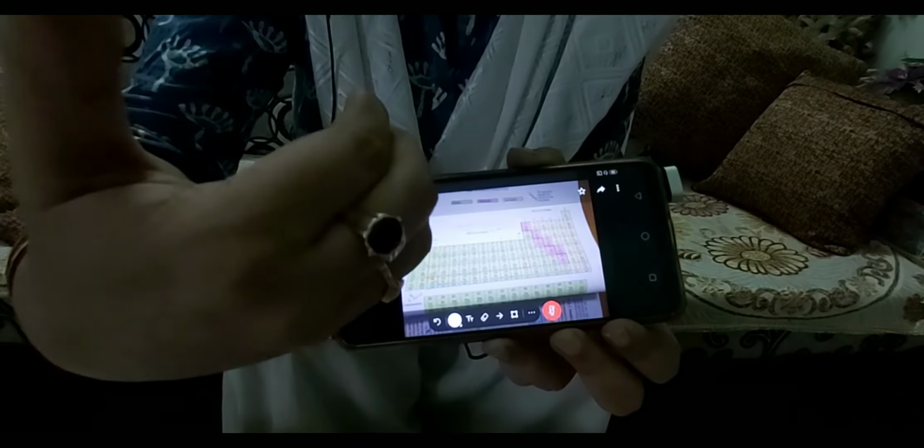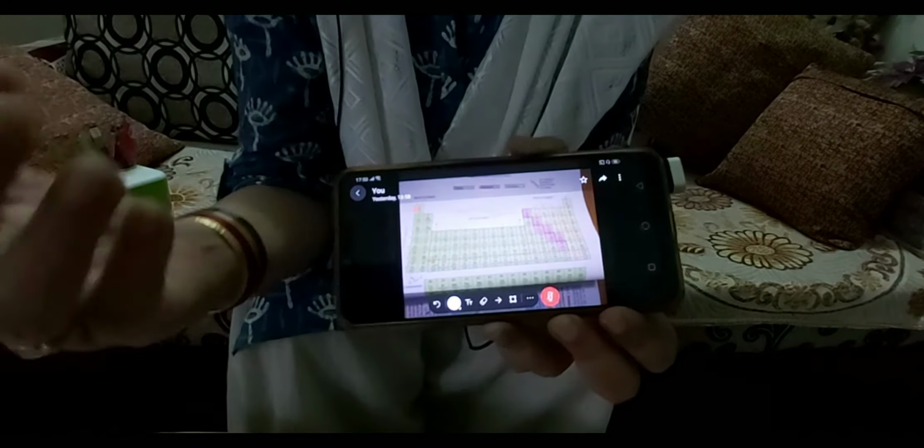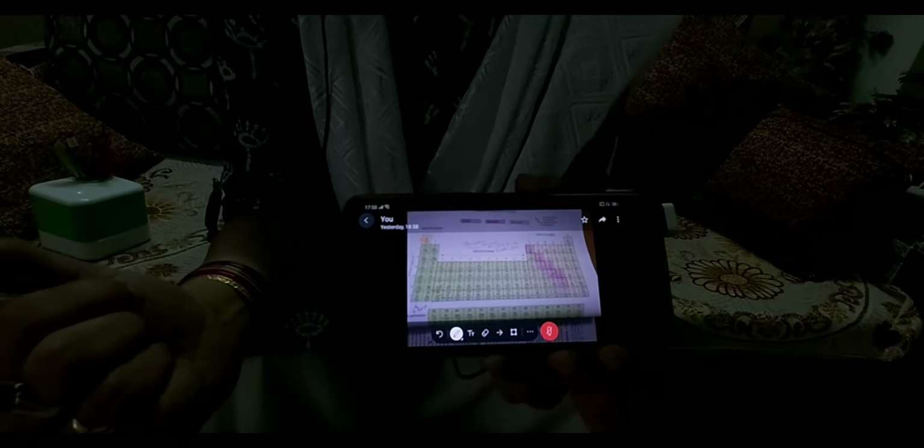It has been placed on the extreme top left corner of the periodic table. Now you'll ask me why. Why is hydrogen assigned a position like this? Why is it not placed within the periodic table? There is a reason behind this.